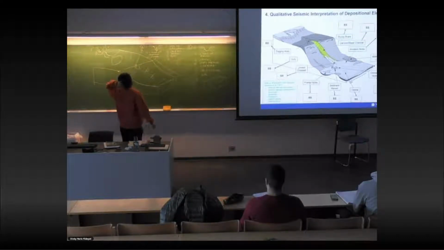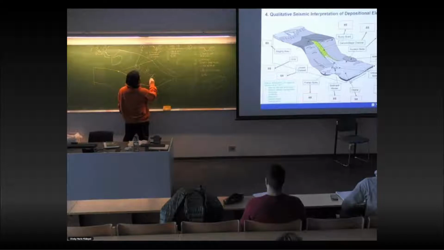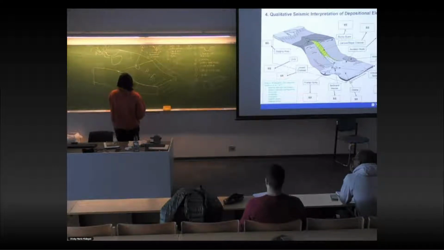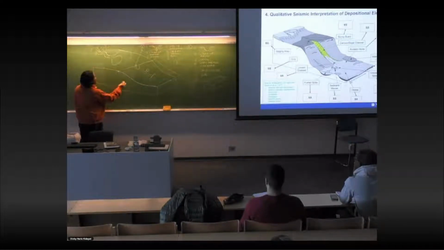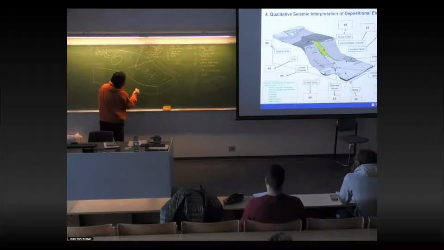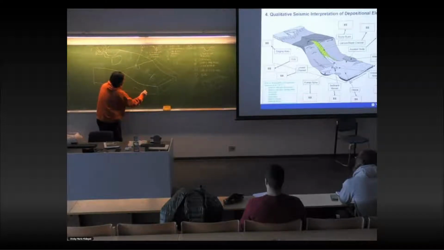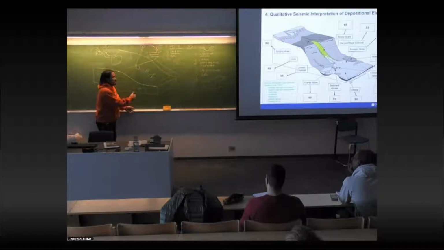When you have this meandering channel, if I make a cross section like this, from A small to B small, you have something. This is A, this is B. And the current direction is outward from the board, yeah?